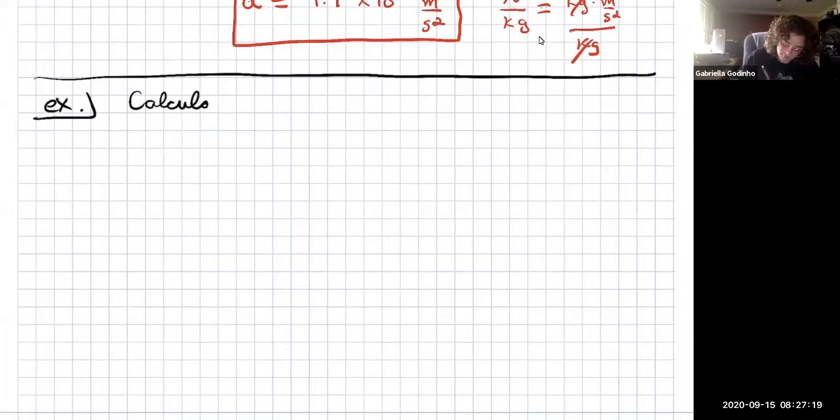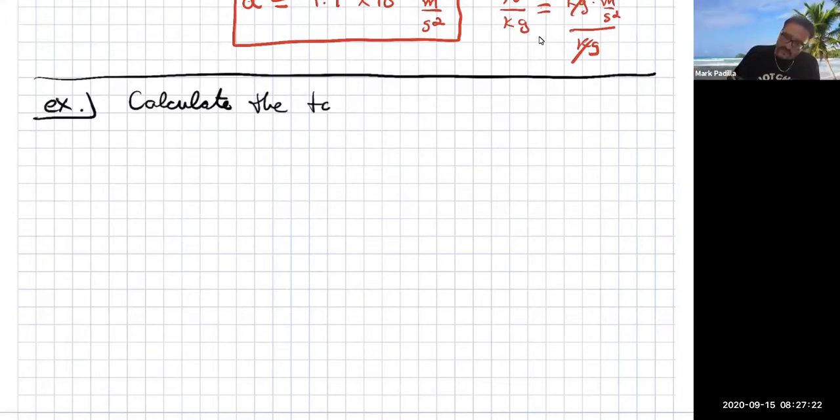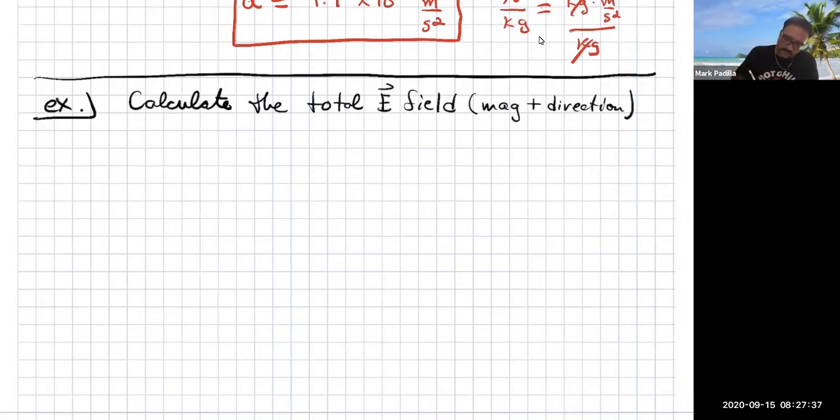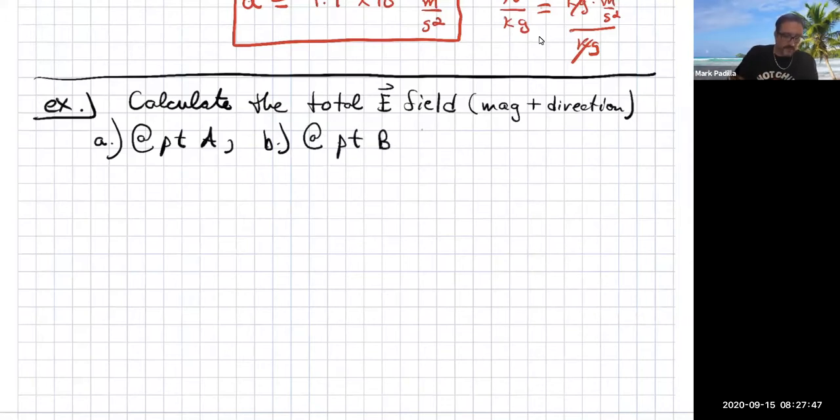Next problem, calculate the total E field, magnitude plus direction, at point A and at point B, due to charge Q1 and Q2.